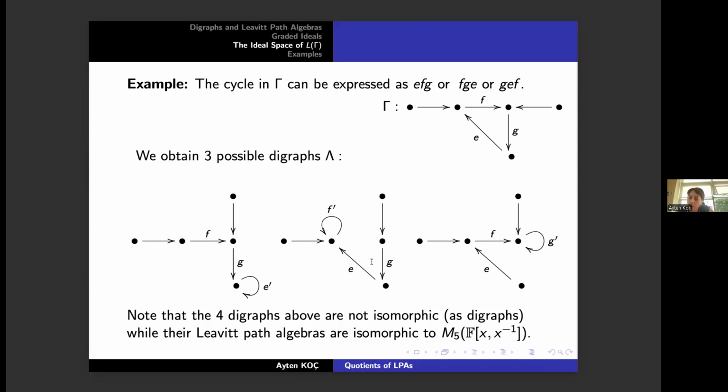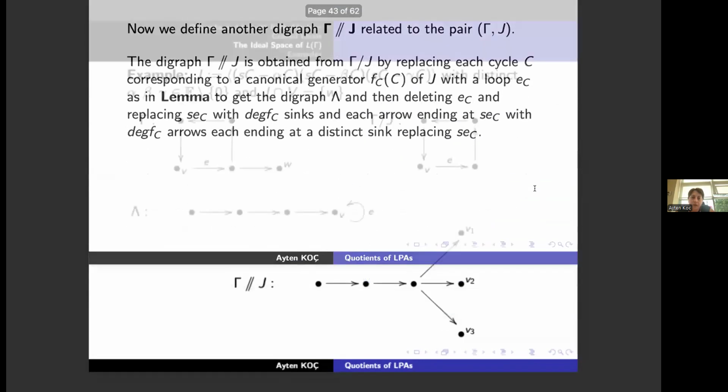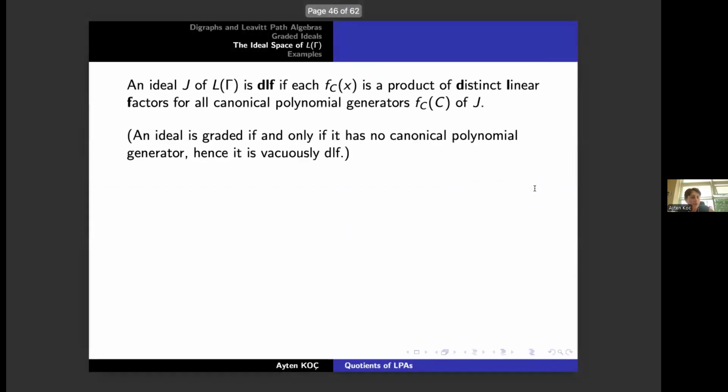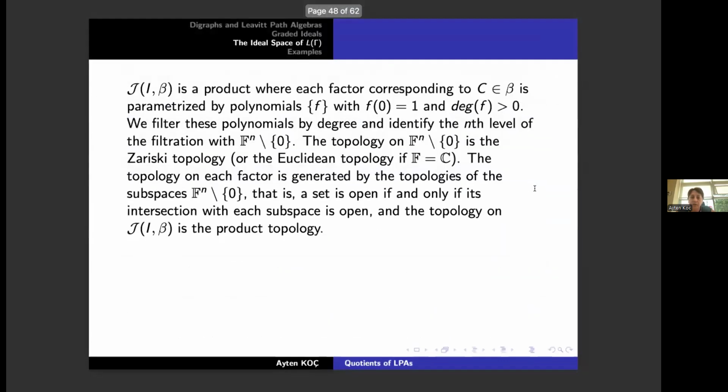We have four digraphs that are not isomorphic, but their Leavitt path algebras are isomorphic to 5x5 matrix algebras with entries coming from the Laurent polynomial algebra. And let's stop here. Thank you very much for your attention.